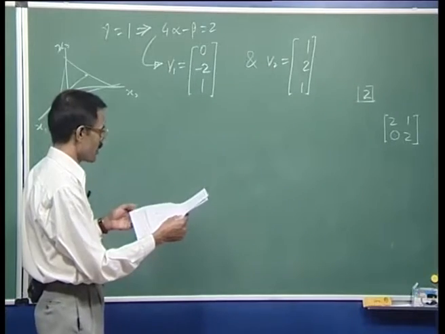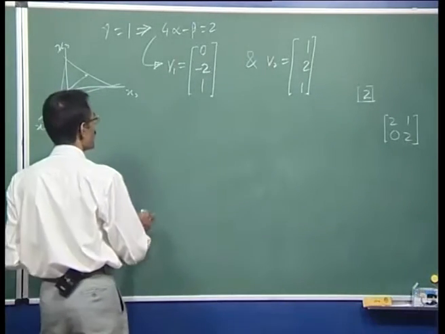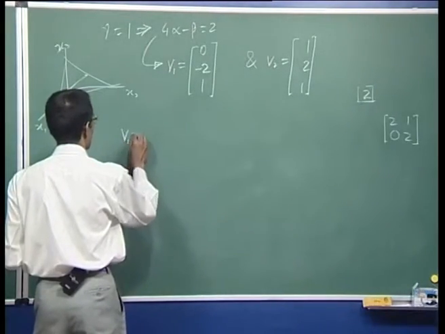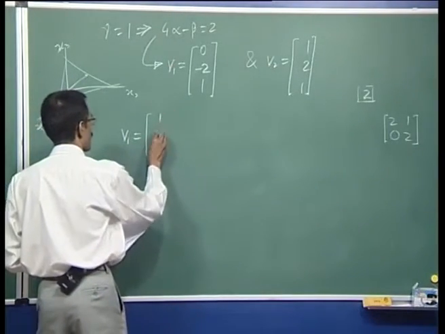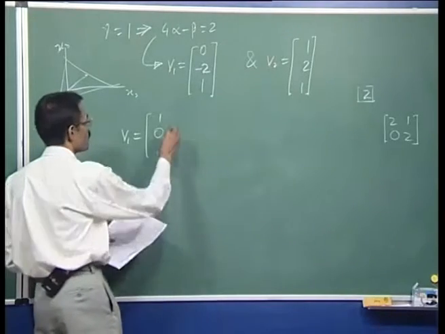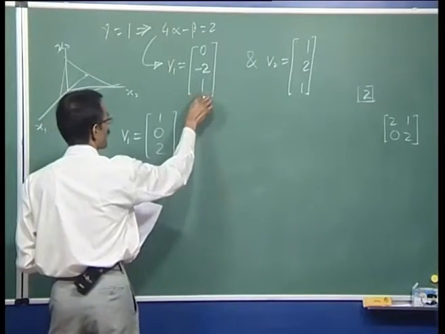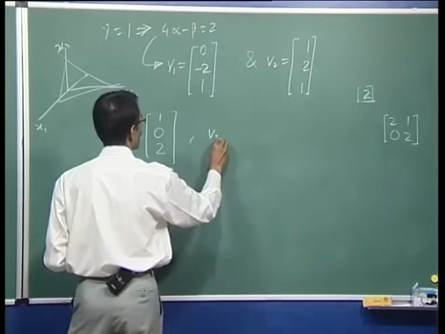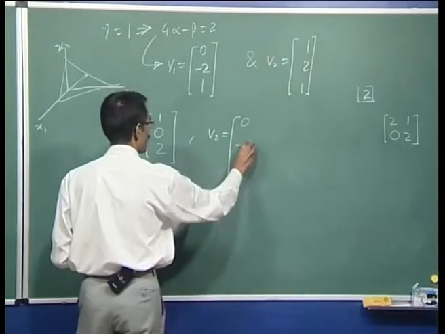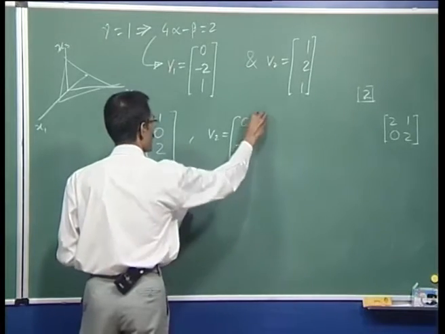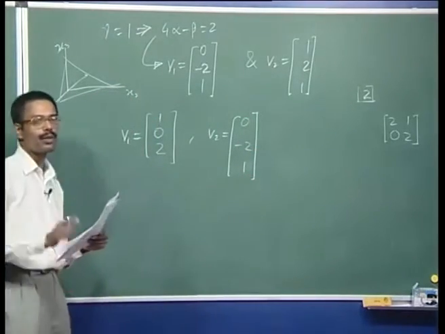If we had rather chosen V1 as 102 and V2 as this, we could have chosen that. You can verify 2 things.